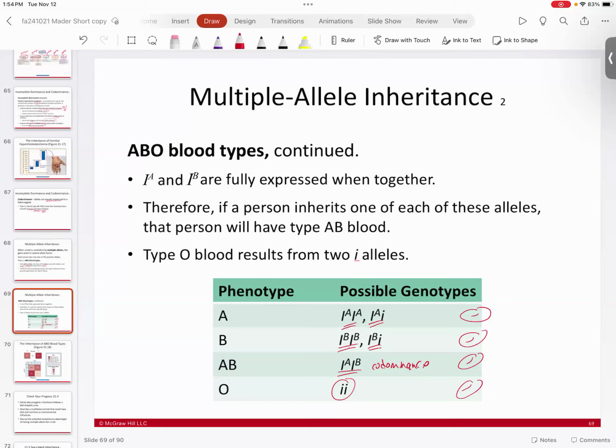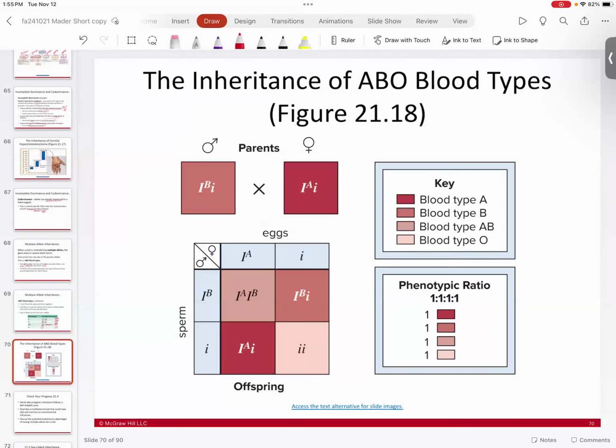So for instance, an A-type person will have an A-type carbohydrate on their glycoprotein, a B-type person will have the B-type carbohydrate on their glycoprotein. An AB person will have one of each, equally shared. An O-type person will have neither. So it's just a matter of what kinds of carbohydrates you have out there.